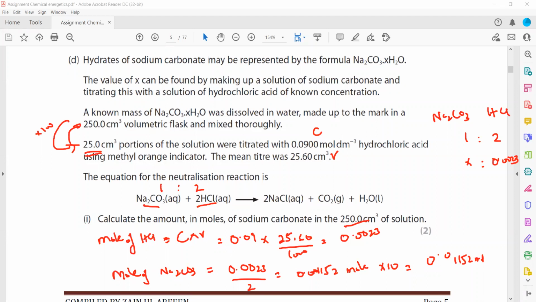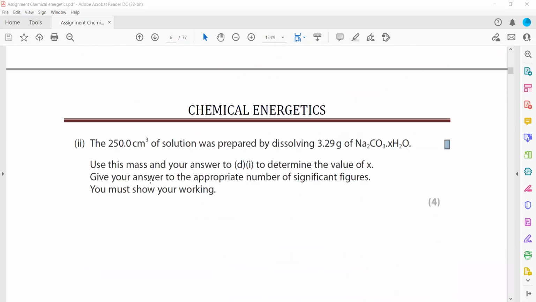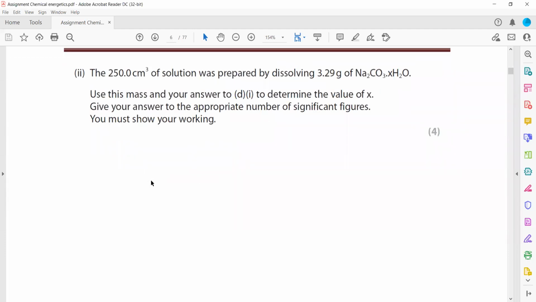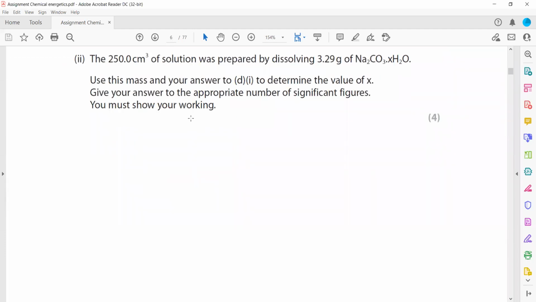The titration is done only for a 25 cm³ sample, but originally it was 250, and out of that we just take 25 and titrate it with hydrochloric acid. These are the moles reacting with 25 cm³ of sample, so in 250 cm³ of sample it should be 10 times.